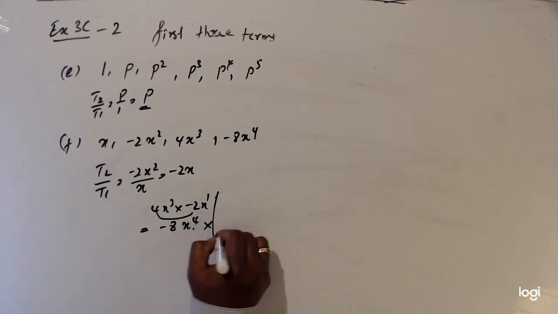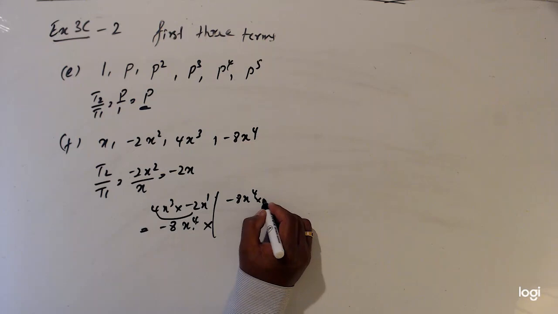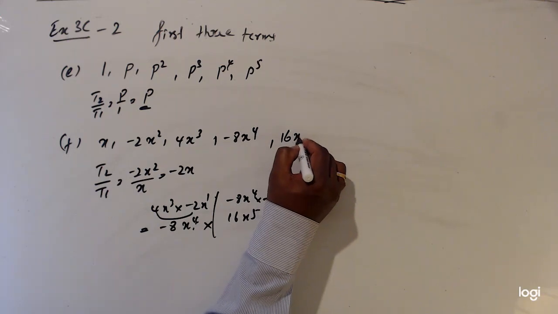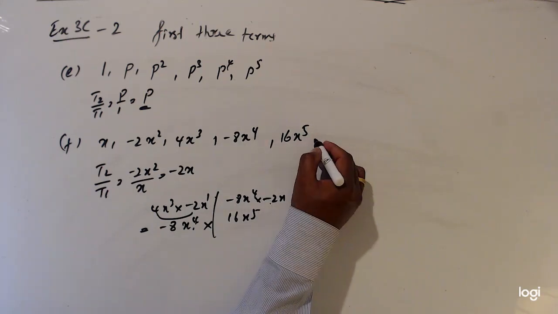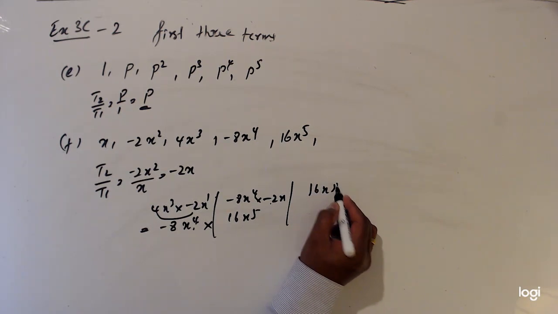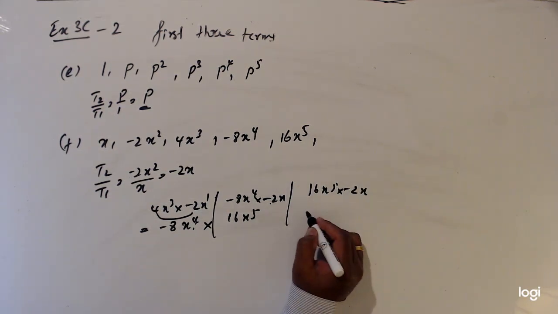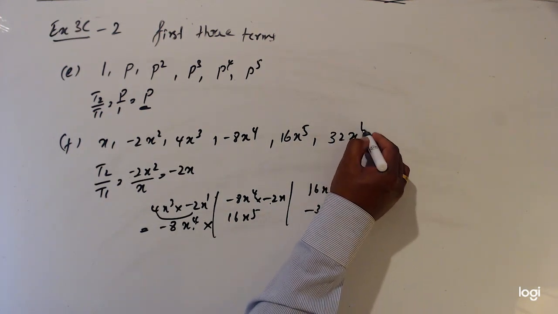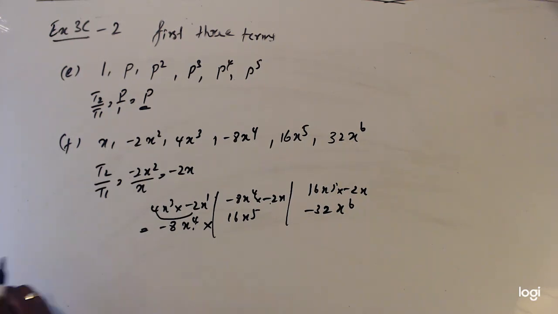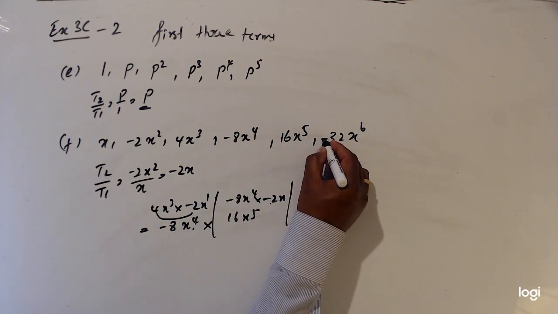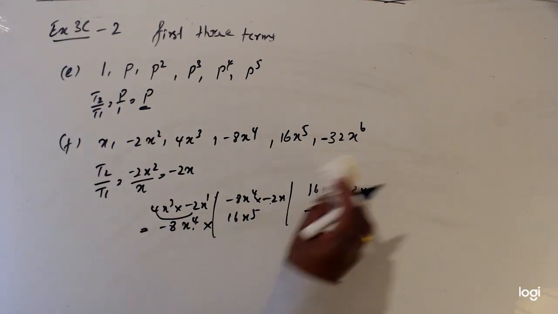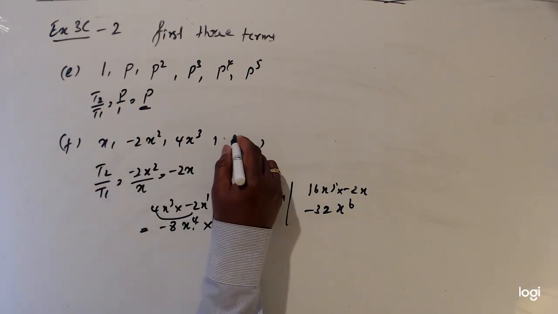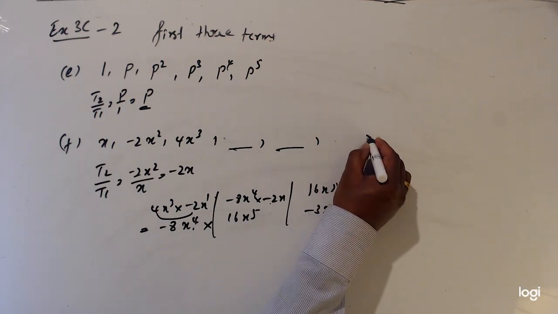Minus 8x to the 4 times minus 2x. Minus times minus is plus 16x to the 5. And then 16x to the 5 times minus 2x is minus 32x to the 6. Or you can do it this way: minus, this is the next term, this is the other term, and this is the other term.